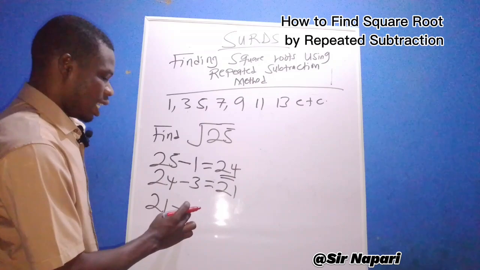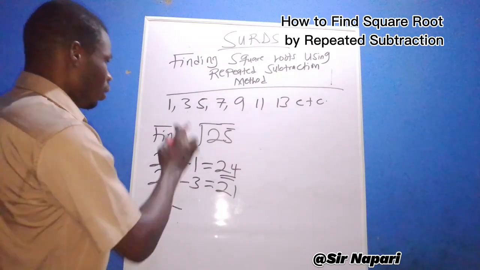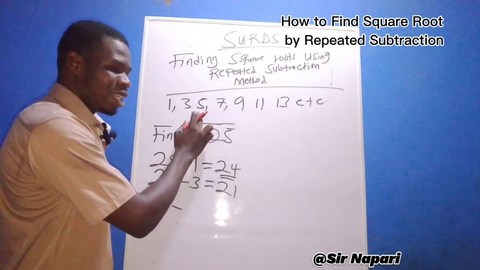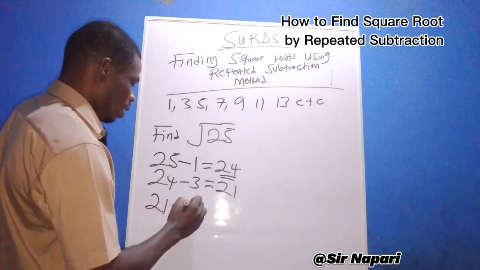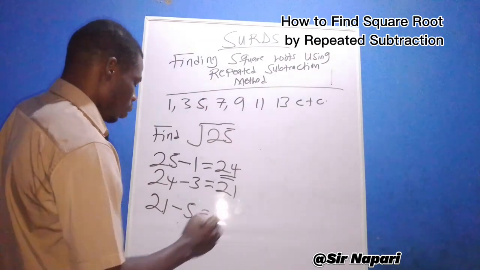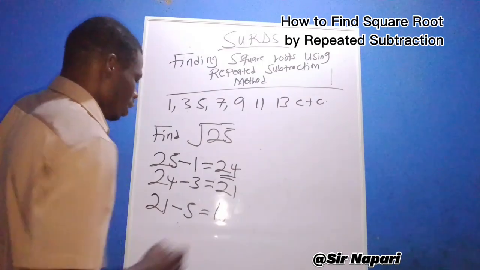We take our answer again, which is 21. Now we are in the third subtraction, and our third odd number is 5. So 21 minus 5 equals 16.